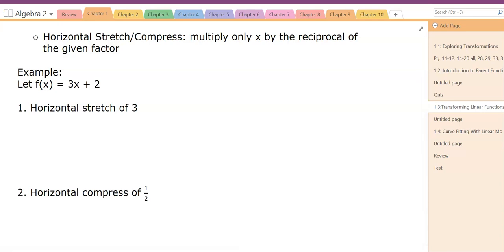For this first one, the horizontal stretch is 3. So 3, if I think about the reciprocal, would be 3/1. I flip it upside down, so the reciprocal is going to be 1/3. So that's the factor that we're going to be using here.